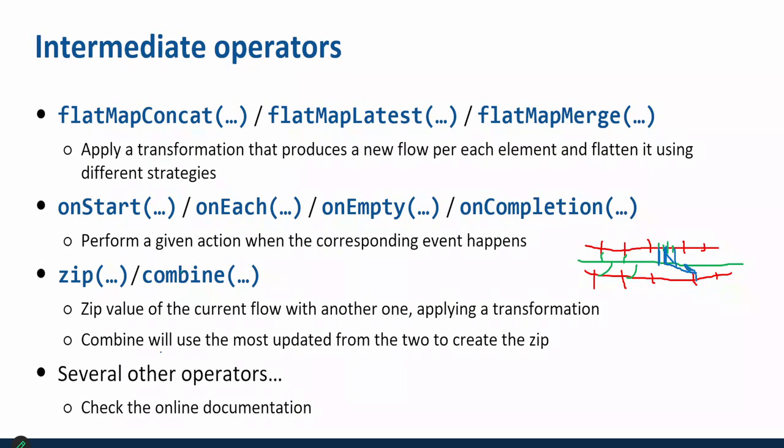So it's also sensitive to the freshness of the data that is coming. But there are, as I told you, tons of them, so you can check the documentation for further specialized reading.